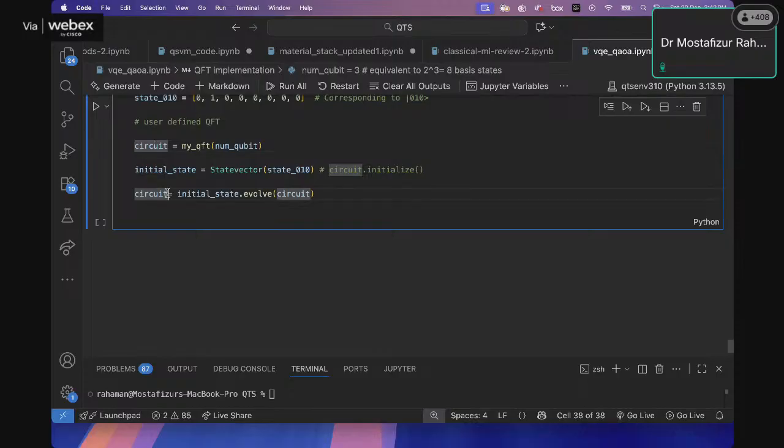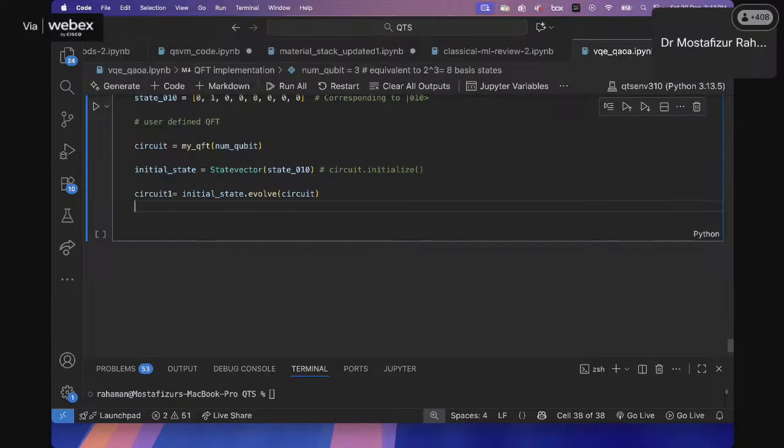Or you can name it, say, circuit1 for simplicity. Is it converting the classical information? Yes, you are storing it into the qubit information after applying the transformation.